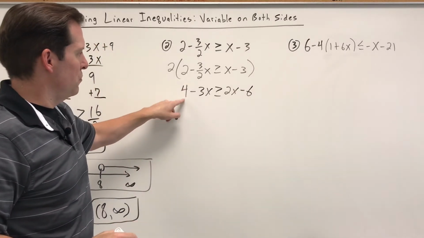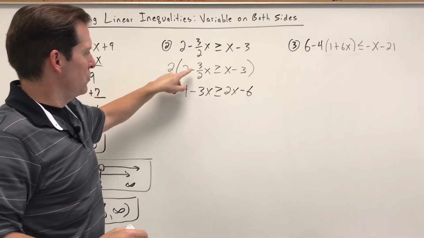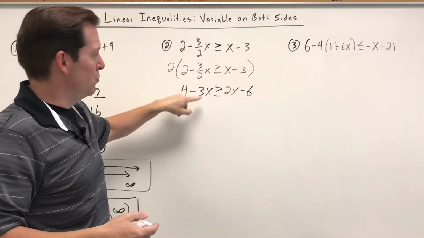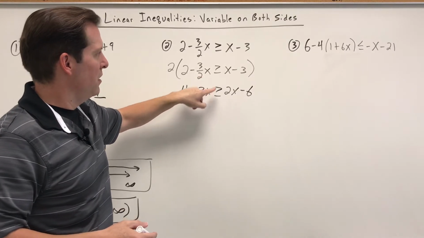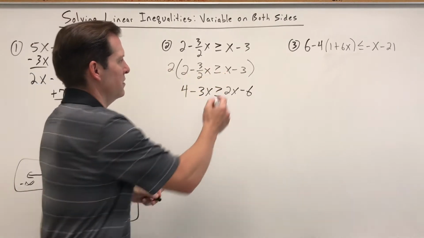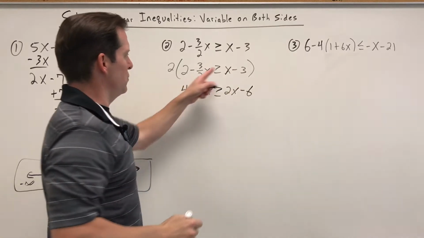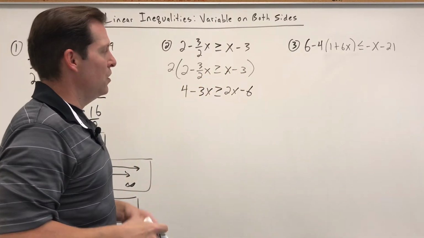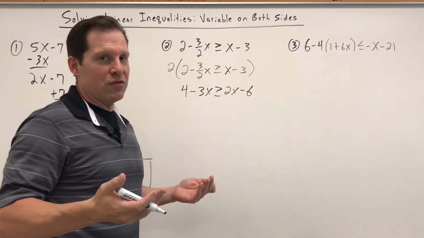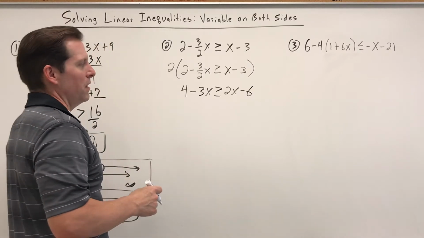Again, 2 times 2 is 4. 2 times 3 over 2 is 6 over 2, which is 3, and of course we have the x there. Then 2 times x is 2x, and 2 times 3 is 6. So now we got rid of the fraction. Some students like that better, so we'll just go with that.